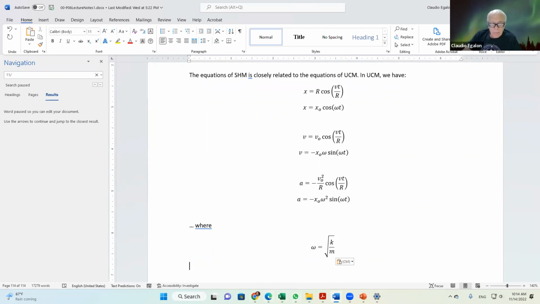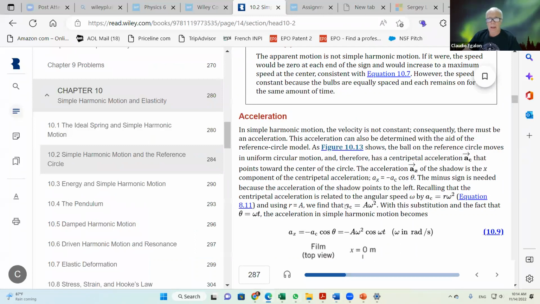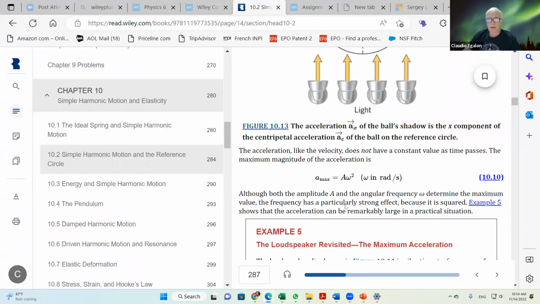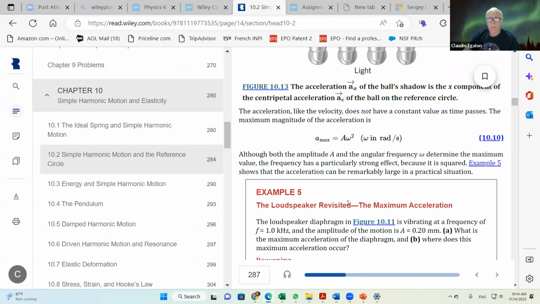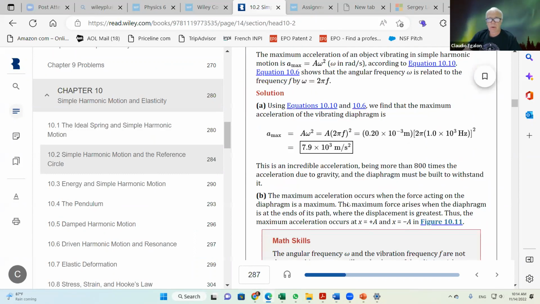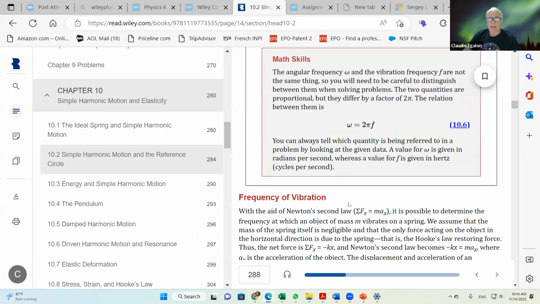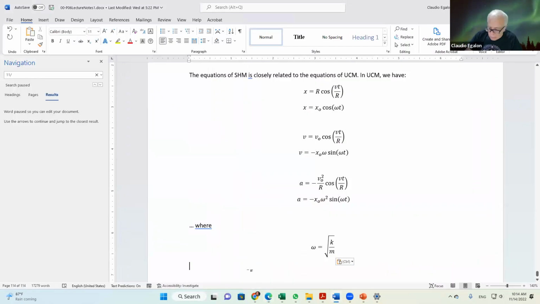Okay, so that's what we have here. Maximum acceleration is going to be this one. In addition to the period, we also have a parameter that we call the frequency of oscillation, f.